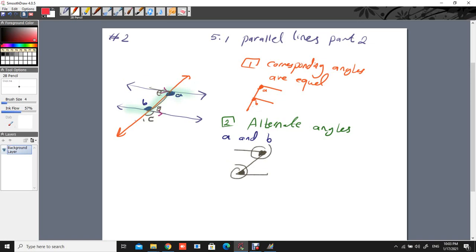Now the third kind, number 3. The third kind we call vertical angles, vertically opposite.